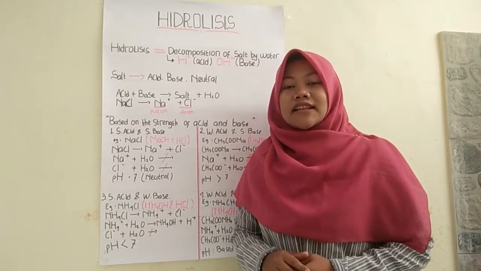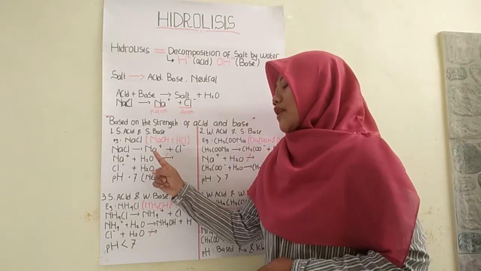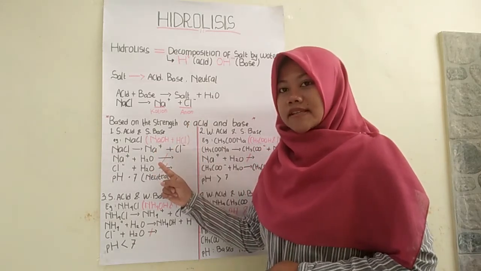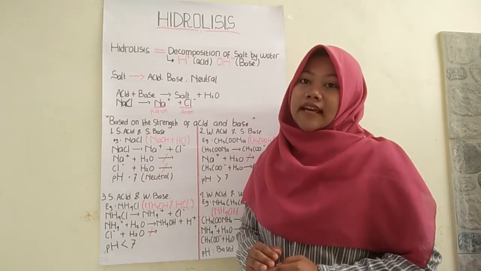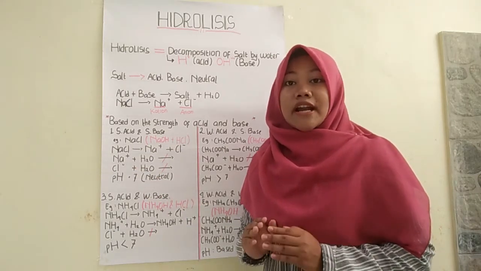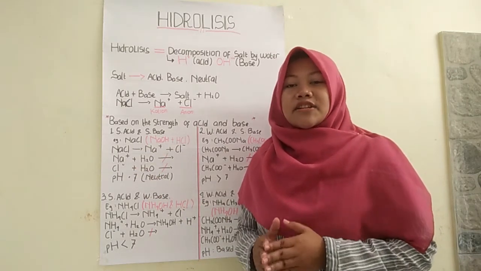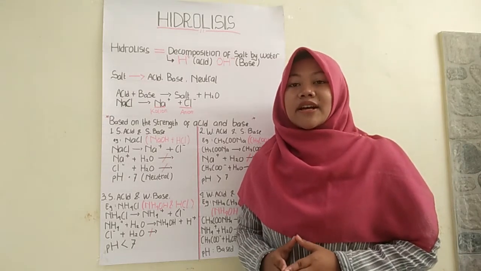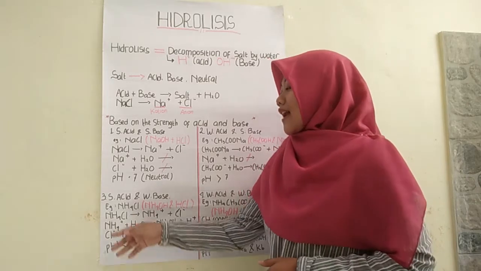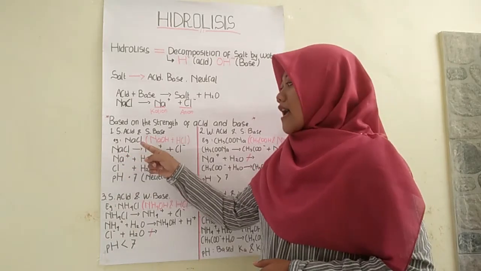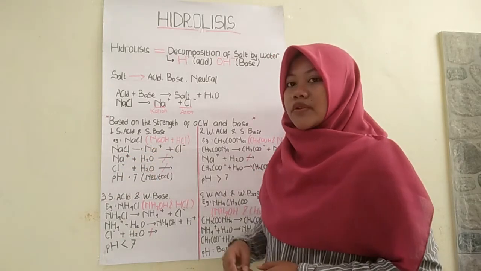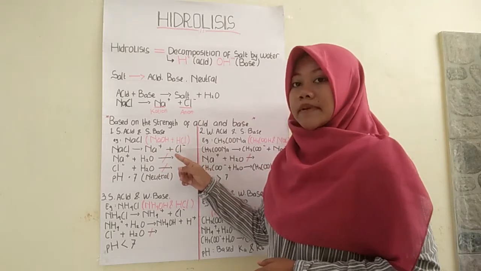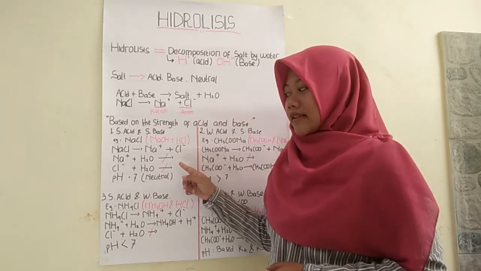First, salt from strong acid and strong base. For example, NaCl, or natrium chloride. Natrium chloride is from natrium hydroxide and chloride acid. Natrium chloride ionized into Na plus and Cl minus.